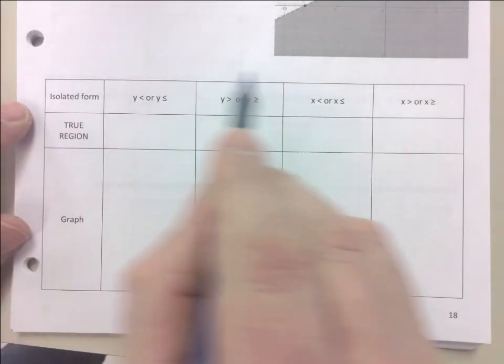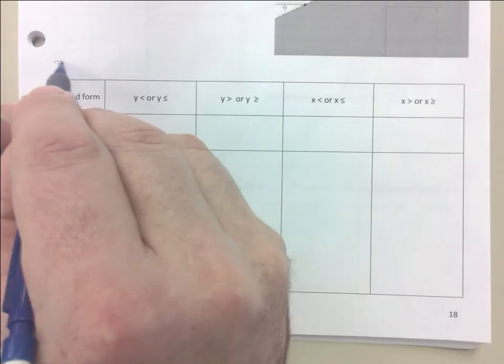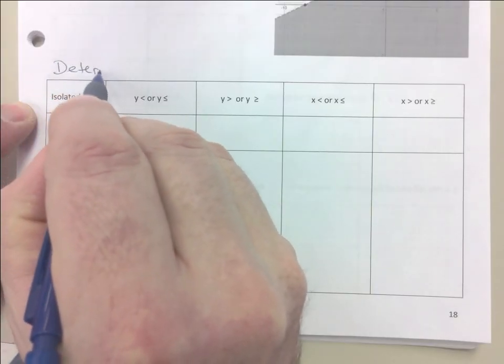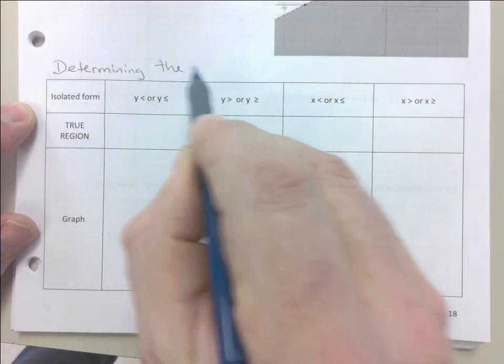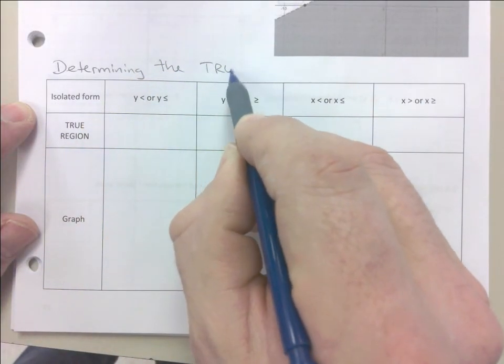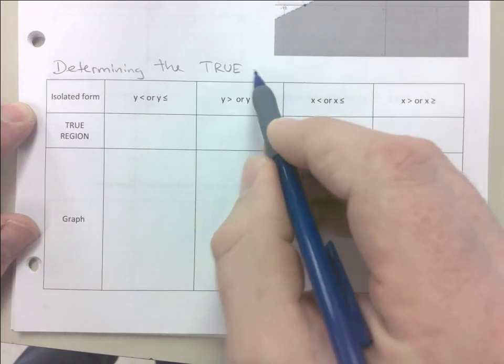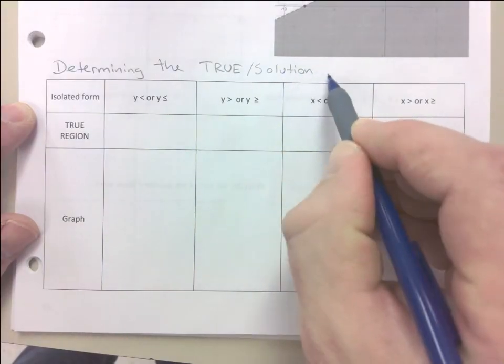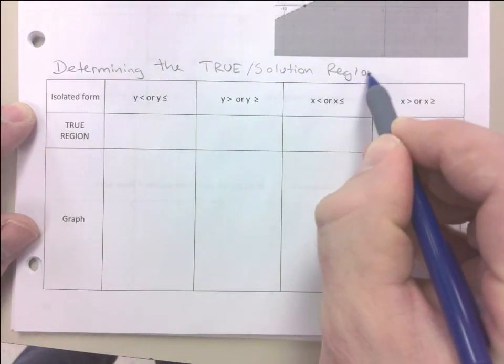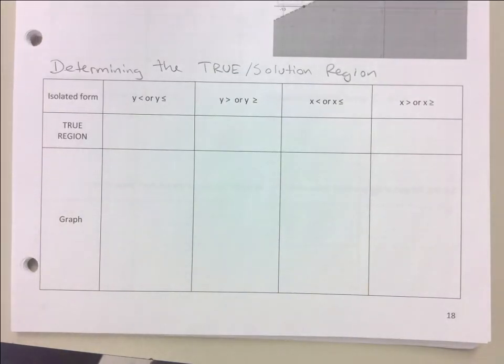And I will label this determining the true or the solution. It's the same thing, solution region. Make sure you have this heading or else you will not know what this is, okay? Why is this important?